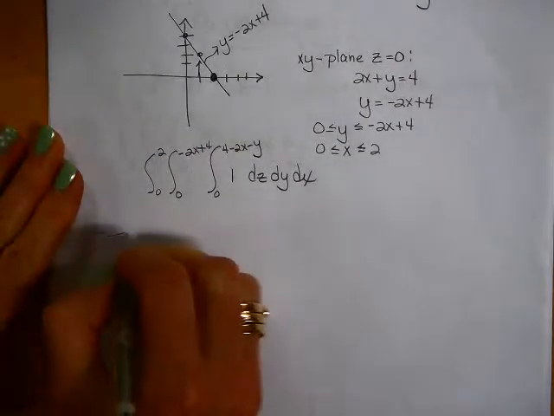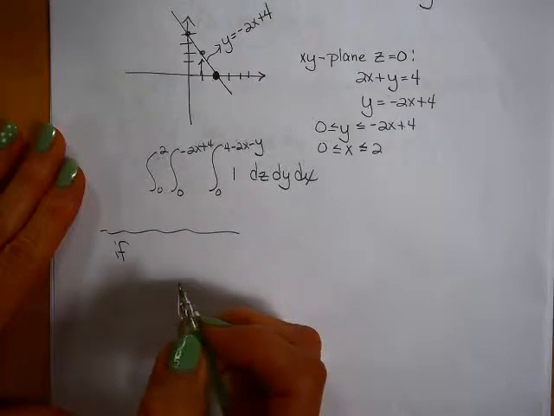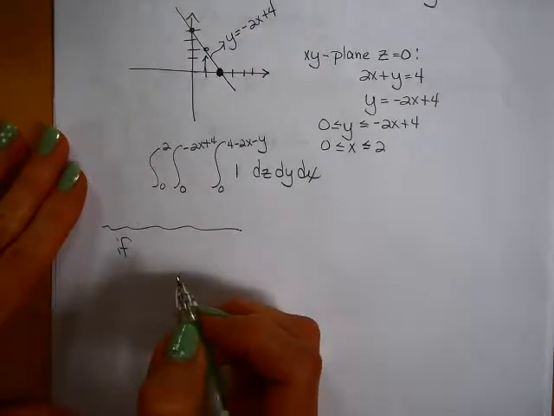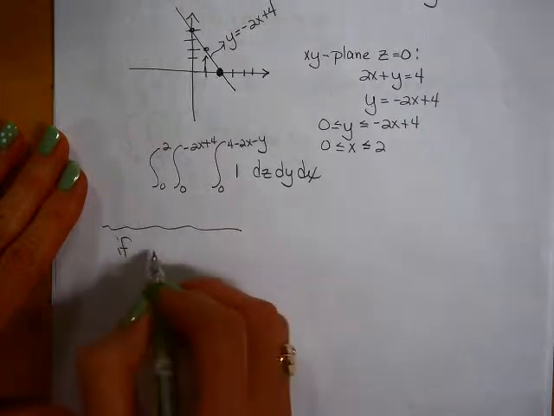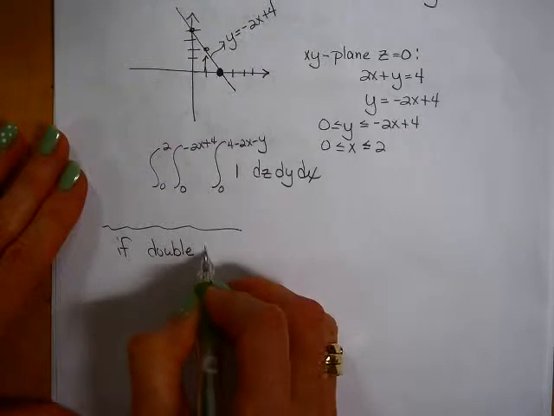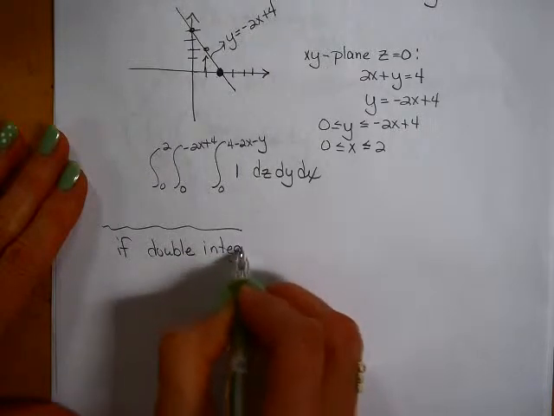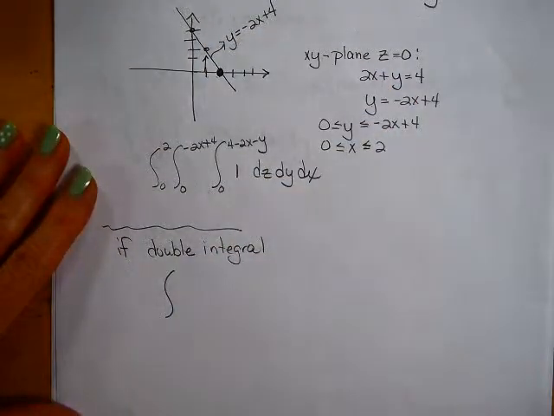Now, let me just point out something. If we had been back a couple of sections ago and they had asked for the volume of this, and I don't know which section that would have been, if we had used a double integral for the same problem, then you would have gotten your limits of integration for x and y just like we did.